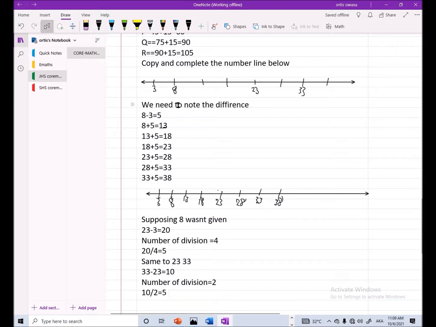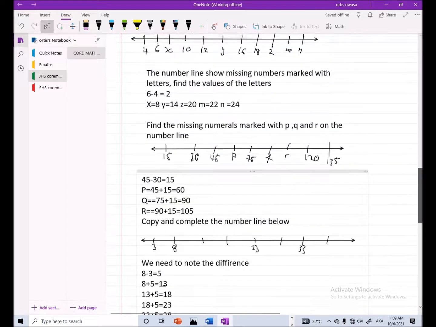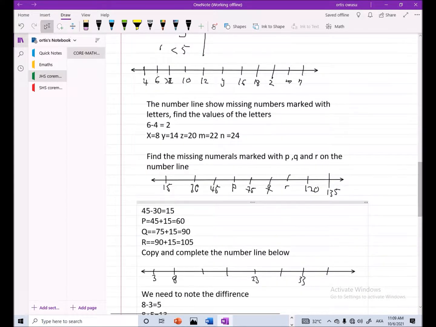But if we are blessed and they give us this one, it's too easy. Just subtract this from this. You can subtract 10 from 12, or 16 from 18. But if they did not give us any of them, they give us 10 here empty and then 18, how do we get it?